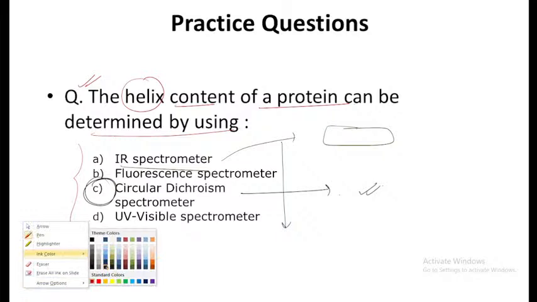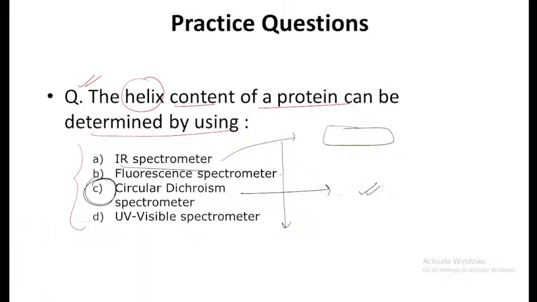So we have just discussed about all of these things. Then for the fluorescence and the UV spectrometer as well, make sure that you revise properly, make sure that you get all of these things done properly, very important.